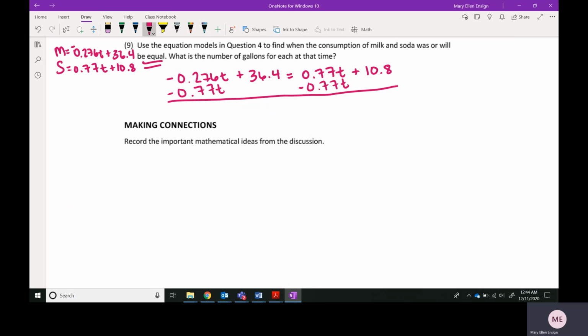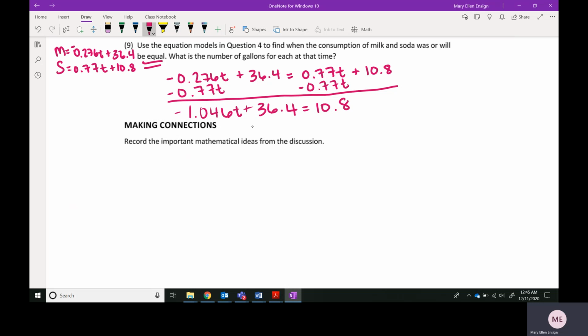It's 0.77 minus 0.77. So if I have negative 0.276 minus 0.77, that will equal negative 1.046 t plus 36.4 equals 10.8. Okay, I have all the t's together.